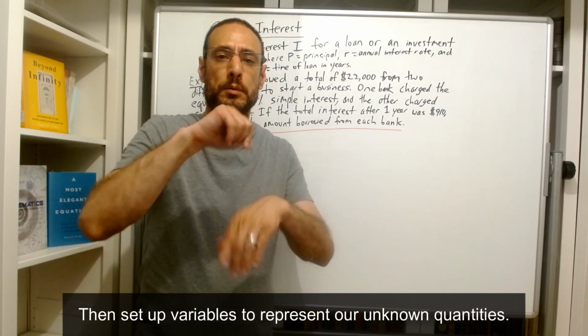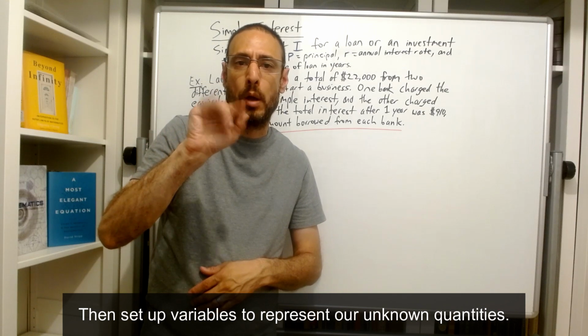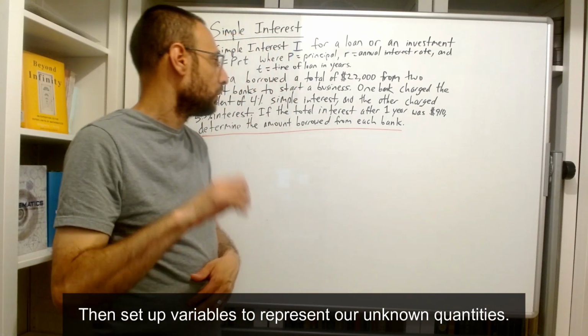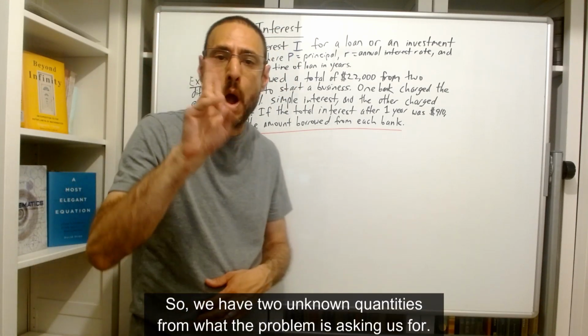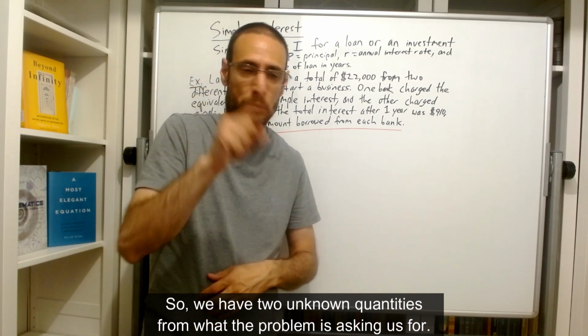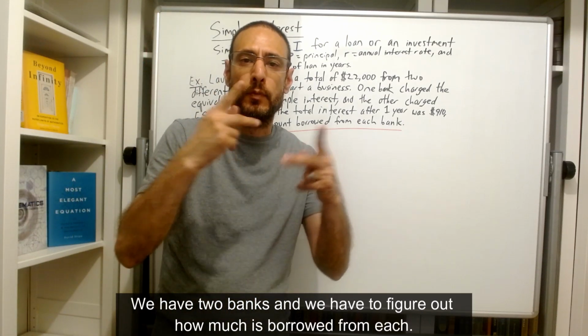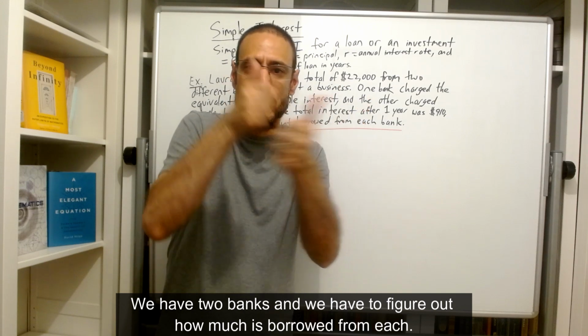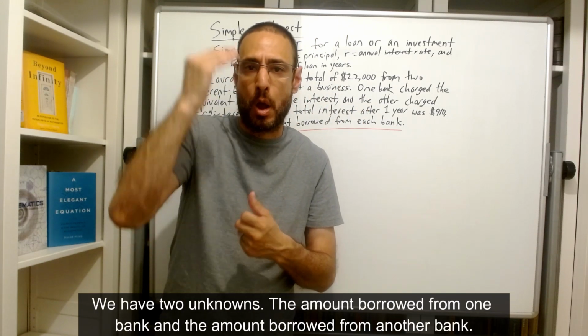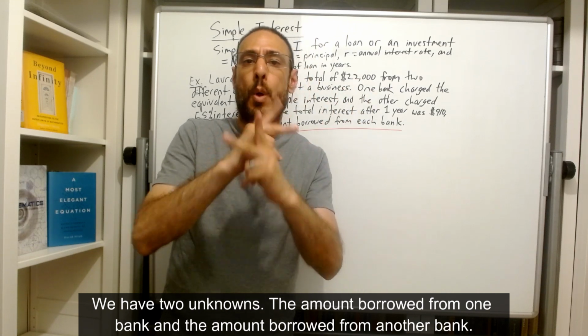Then set up variables to represent our unknown quantities. So, we have 2 unknown quantities from what the problem is asking us for. We have 2 banks and we have to figure out how much is borrowed from each. We have two unknowns: the amount borrowed from one bank and the amount borrowed from another bank.